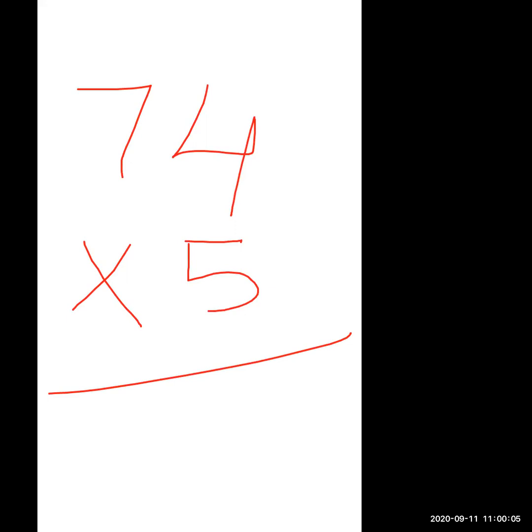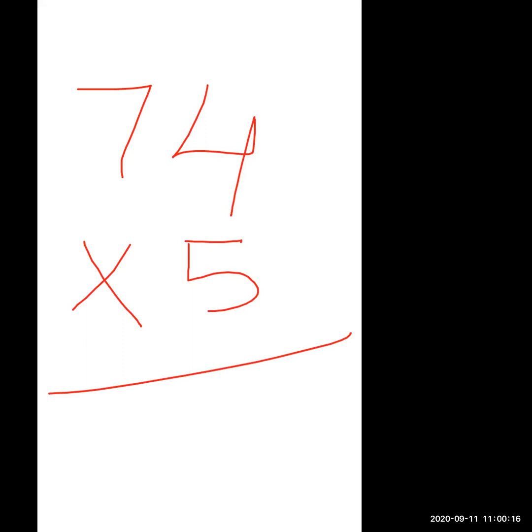See, here I am going to write one number. It's a 2-digit into 1-digit: 74 into 5. Now I'm going to ask you, in this number, which one is a multiplier?